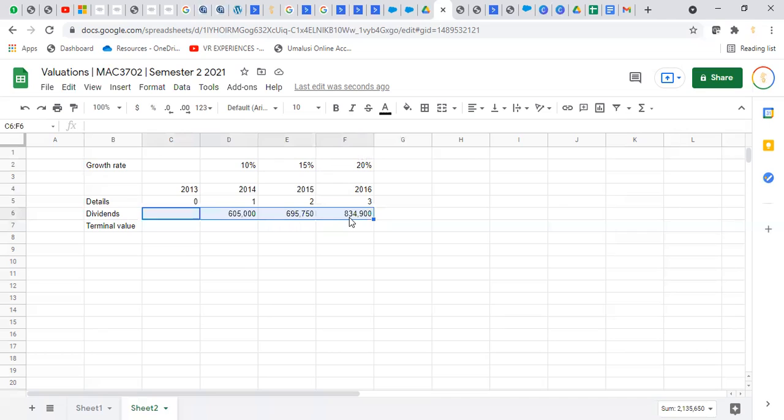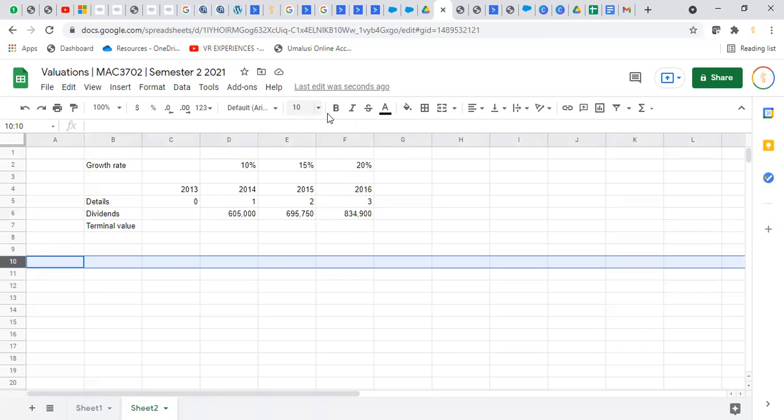Now I must do the cash flow of the terminal value. Now this is the important aspect. So let me just show you the calculation for a terminal value.